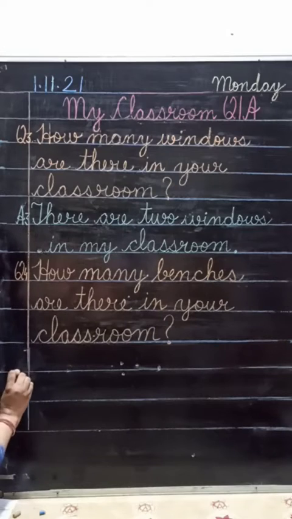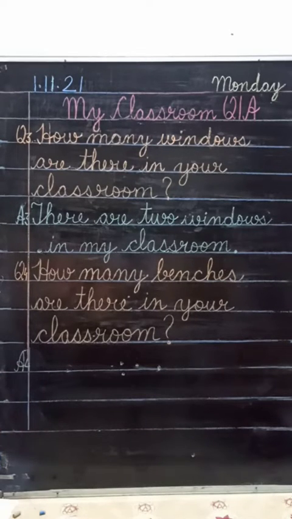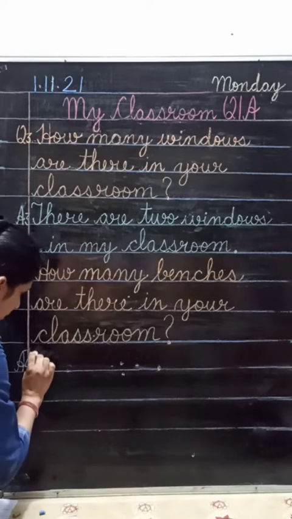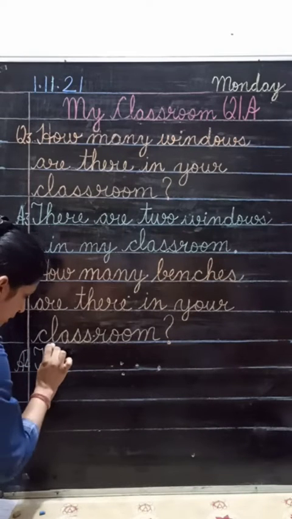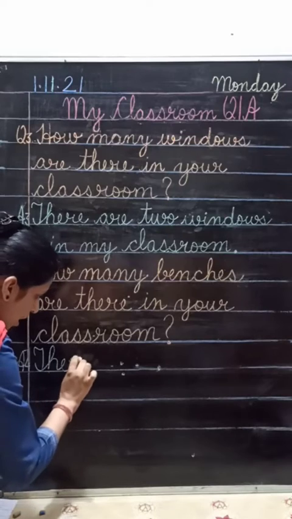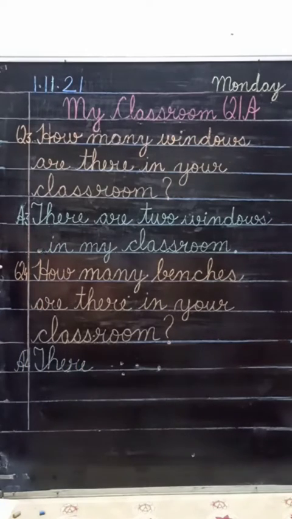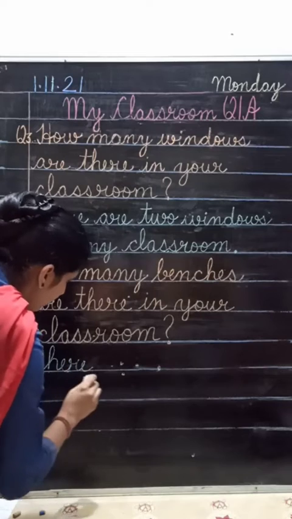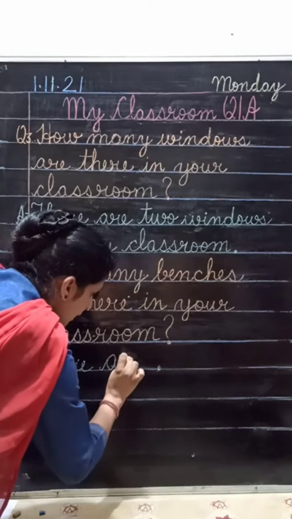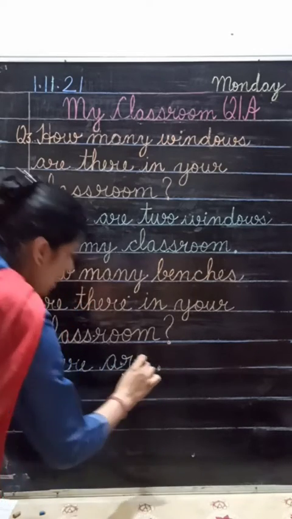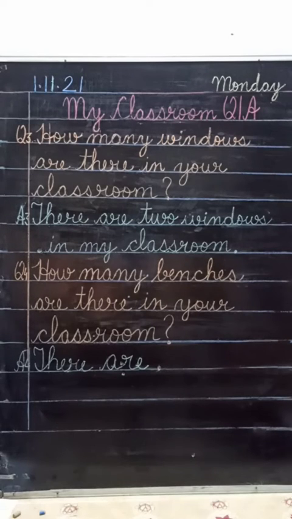Now write down here answer 4. Write down there, T-H-E-R-E, there, A-R-E, are. If there are 28 benches in your classroom, then you will write down 28.